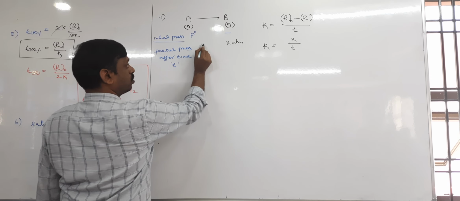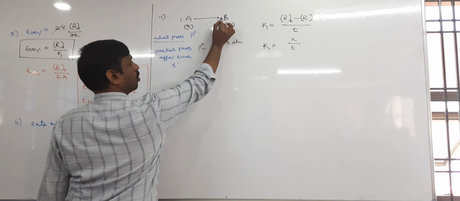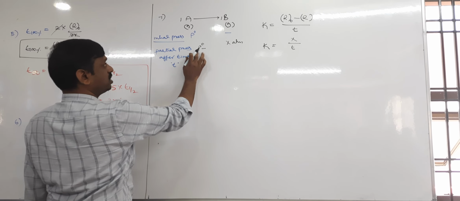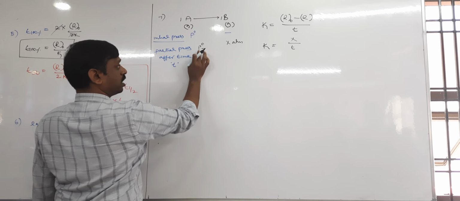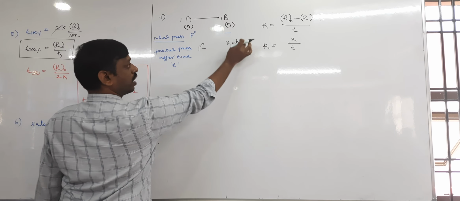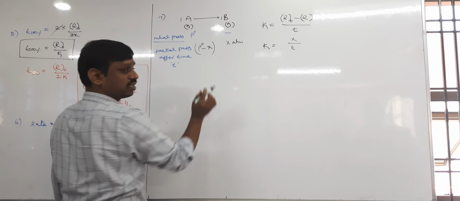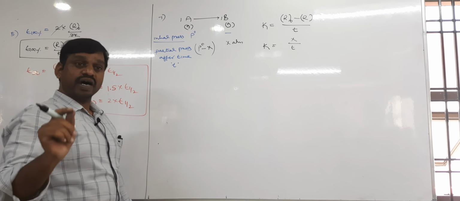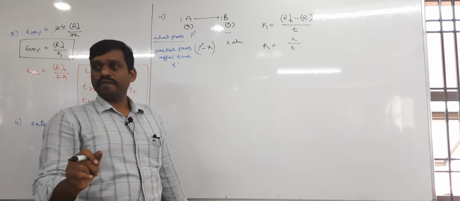Initially it is P naught, minus x, since it is 1 mole converted to 1 mole. So P naught minus x is the partial pressure of the reactant after time t.